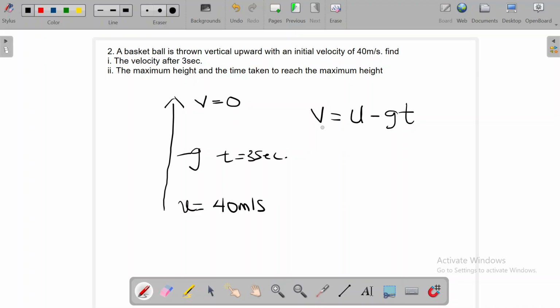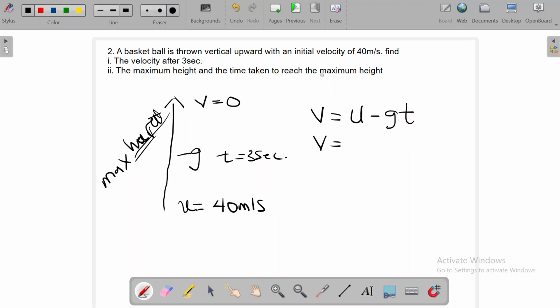What is my v in this case? I am looking for it because they did not say the final. How would you know it is the final? If I should ask you at the maximum height, always take note of this word, maximum height. At the highest point, that is when v becomes 0. So the v is what I'm looking for.